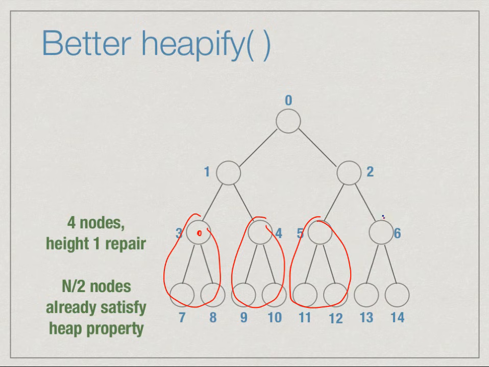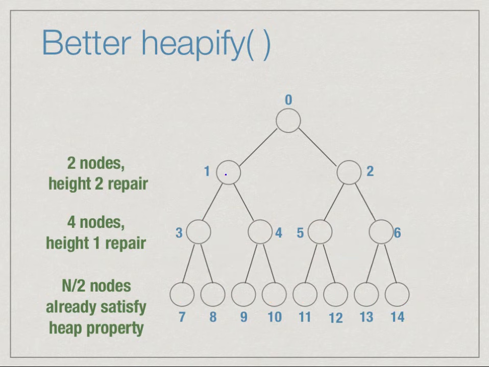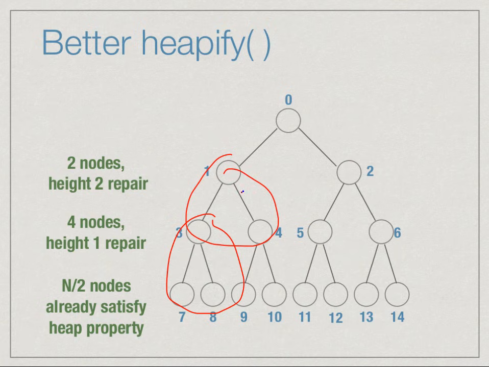For 4 nodes, we have to do one level of shifting perhaps to repair the heap property. Then we go up. Now 1 and 2 are the original values, so they may be wrong. Again, we may have to shift it down one value and then another value. So now we need 2 levels of shifting, but we have only 2 nodes for it.